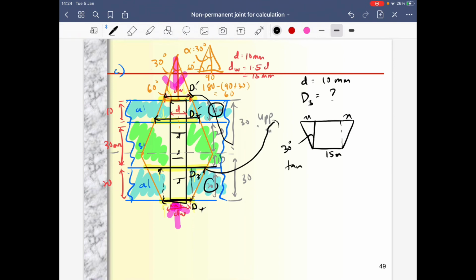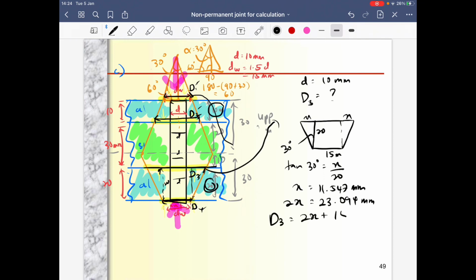Here we also know 20 mm. So tangent 30 degree equal to x over 20. So x equal to tangent 30 times 20, which is 11.547 mm. Because we have 2x, 2x equal to 23.094 mm.